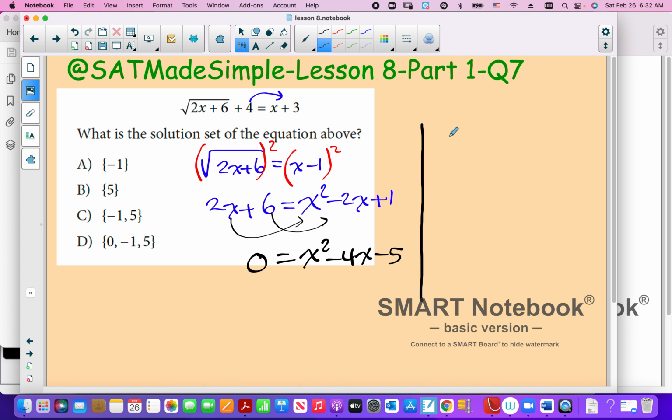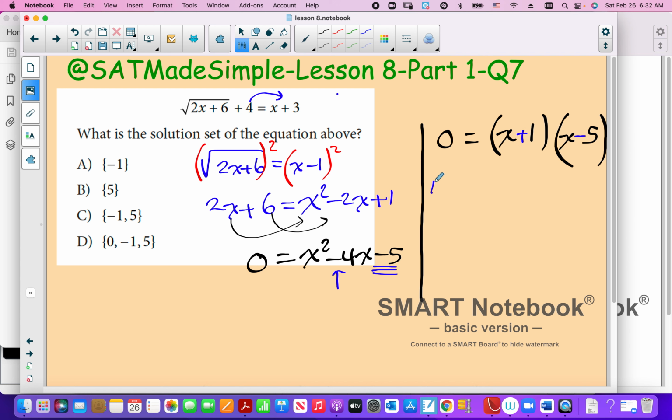Factorize 0 equal brackets x squared is x and x, 5, 5 and 1. Since the constant sign is negative, then both brackets, one is positive and one is negative. The bigger number will take the middle sign, which is minus, so that makes 5 is minus and 1 is a plus.